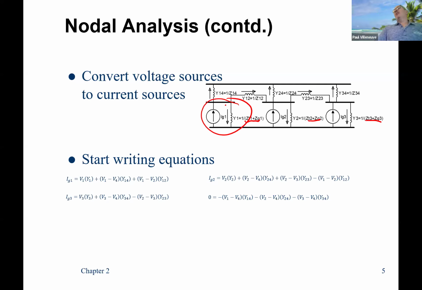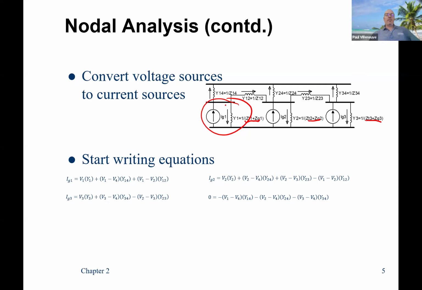How do I solve for the current going into a bus if I have a voltage source in series with an impedance? I have to do a Norton equivalent to be able to do that. So I'm going to convert all those voltage sources into current sources using my Norton equivalent. And at that point, I just start writing KCL equations.